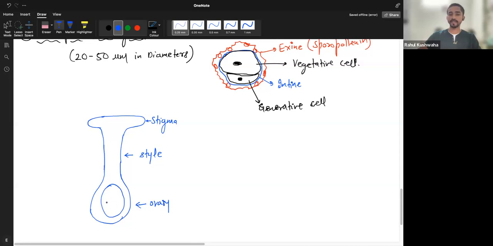And this is the ovule sac, and there will be ovules present, right? So when this pollen comes and lands, let's say, on the stigma.